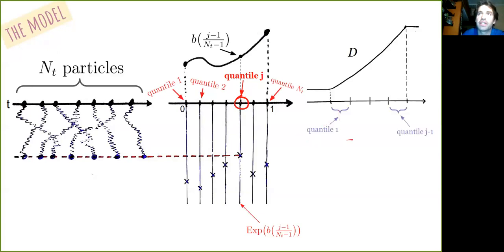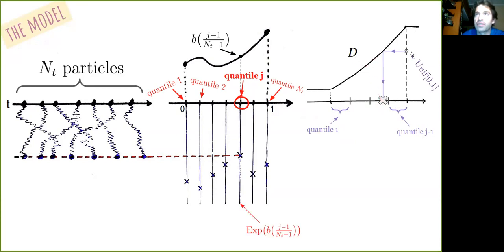And here's where the probability d appears. Conditioned to the event that the quantile j has rung, we divide this unit interval into j minus 1 subintervals. And okay, we draw a random variable that is represented by this cross here with distribution d.